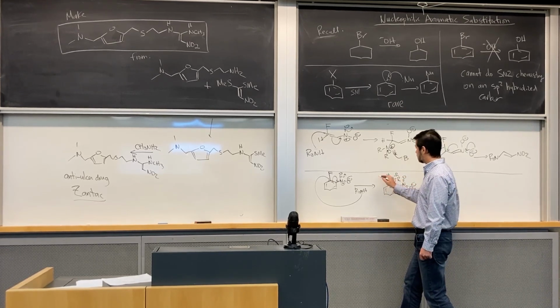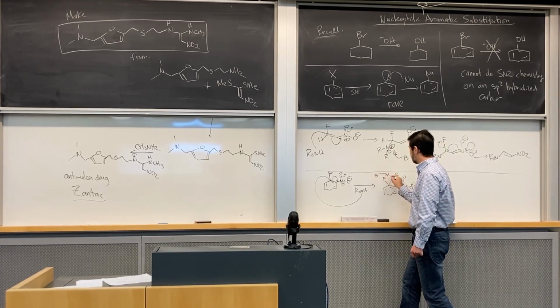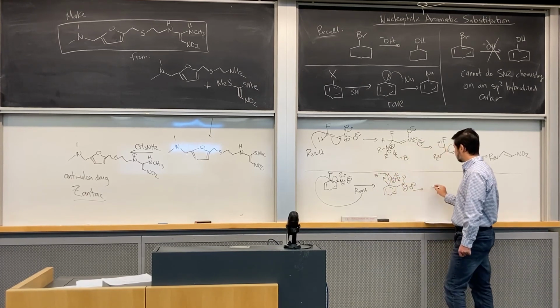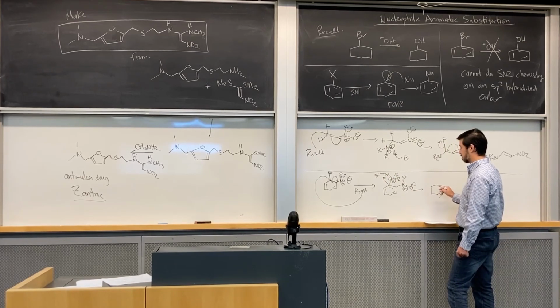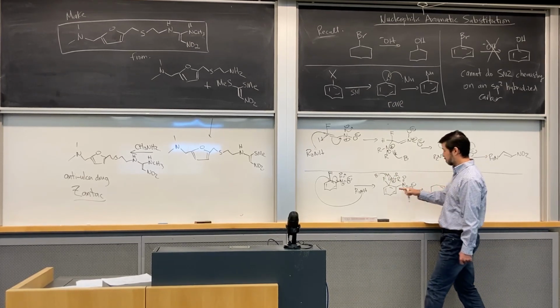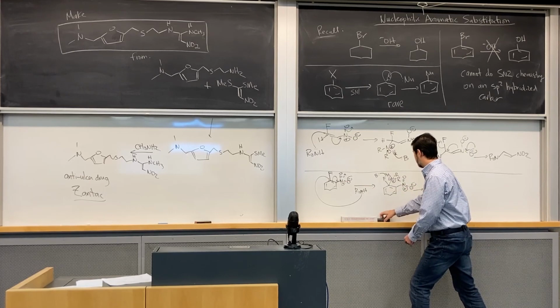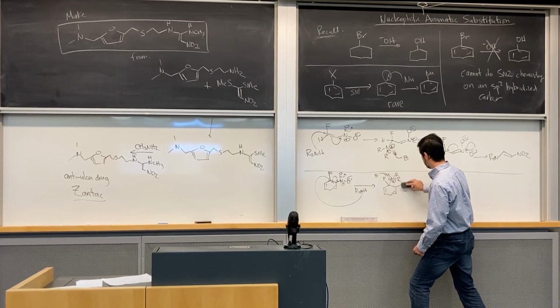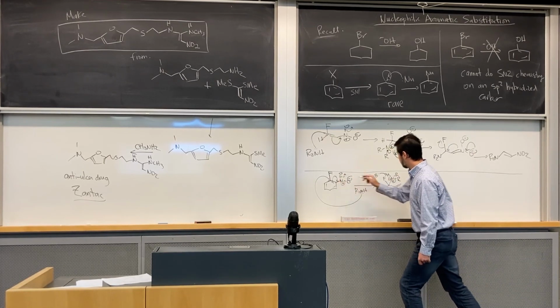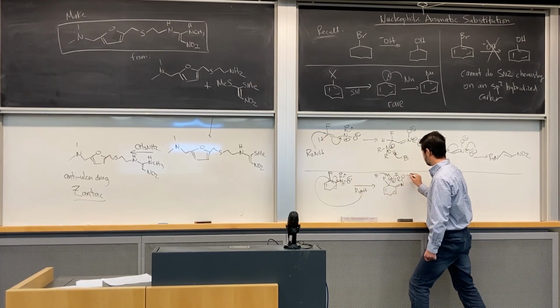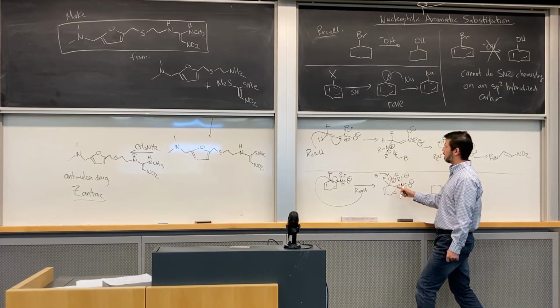Positive nitrogen, and again, just like we've done on top, your base comes and does that proton transfer. Let me just fix the structure. So this came here. Make sure you fix this in your notes. Electrons come here, move up. Okay, so that's your intermediate.